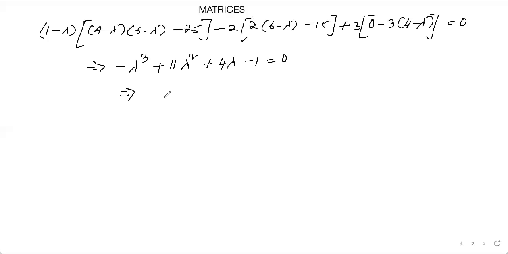So this implies lambda cubed minus 11 lambda squared minus 4 lambda plus 1 is equal to 0, changing the sign.